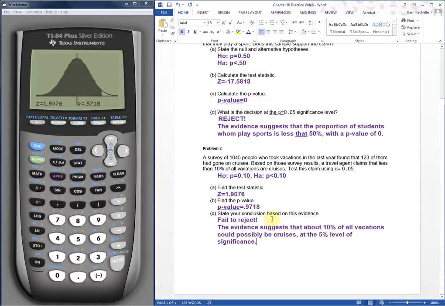So just to round this up, there's three things I look for in a conclusion. Failed to reject is not part of it. That's your decision, not your conclusion. Your conclusion is what my evidence points towards. I say it in the context of the problem, so I'm informing you on what's actually happening, so I actually answer the question. And then I tell you what made me make that decision, my pointer towards that evidence.